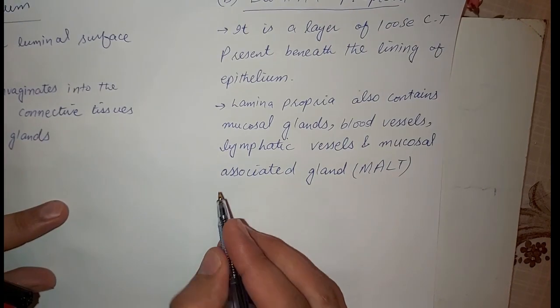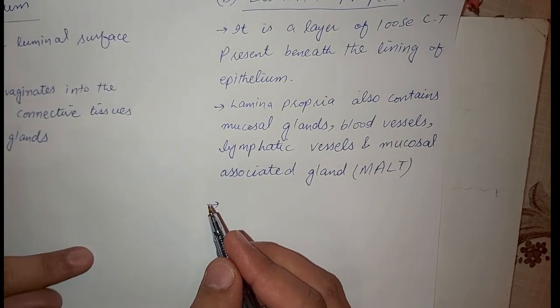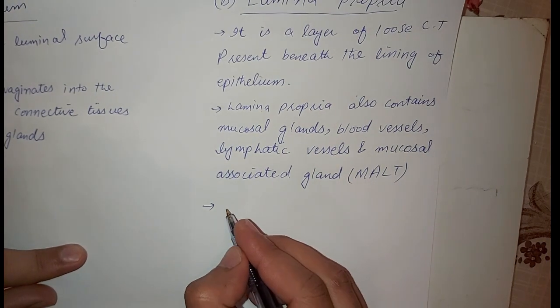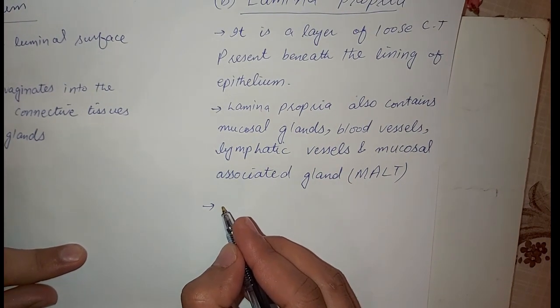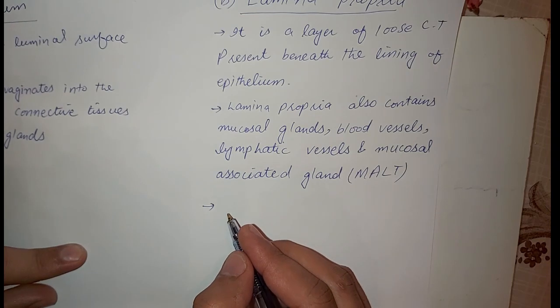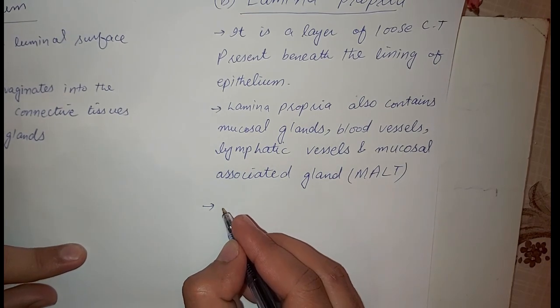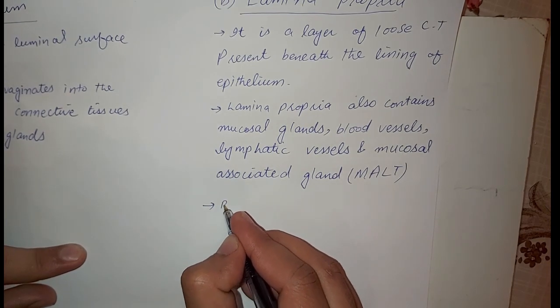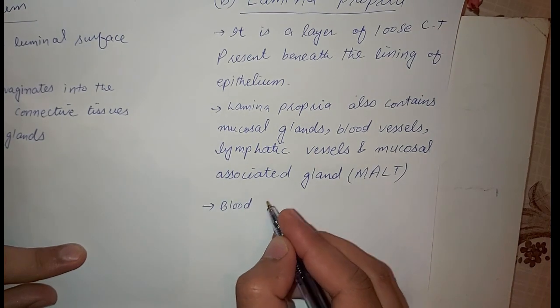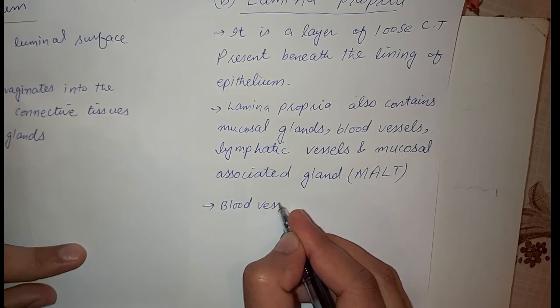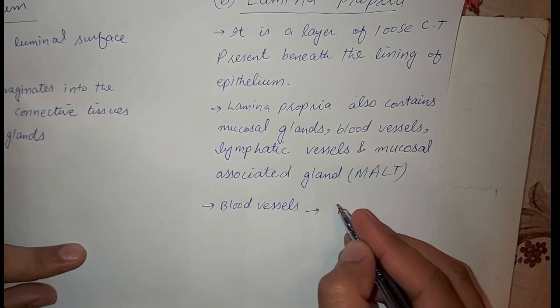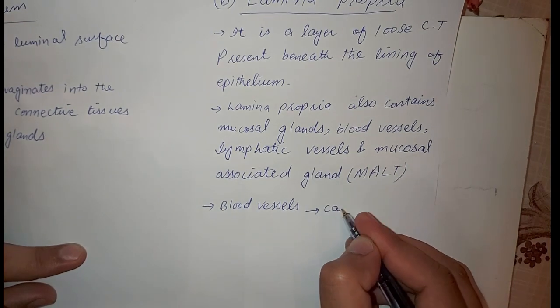Next, the blood vessels present in the lamina propria are majorly capillaries.